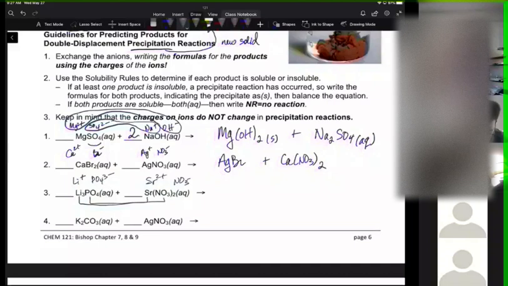All right, on number 2, we should find that one is a solid and one is aqueous. All nitrates are aqueous. So it is a precipitation reaction. And then we need to balance.